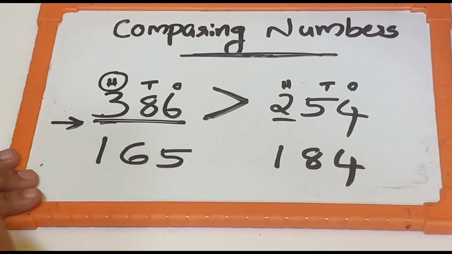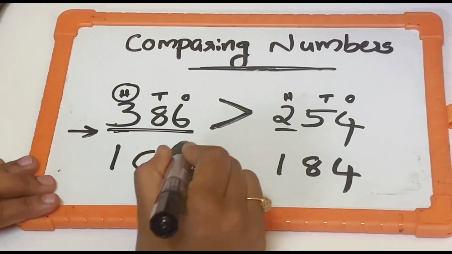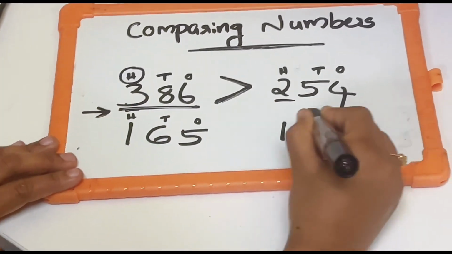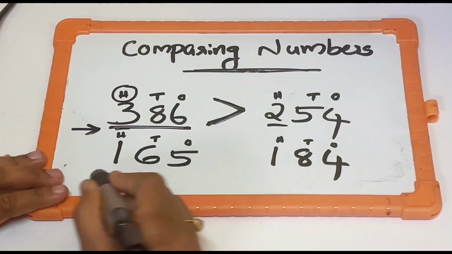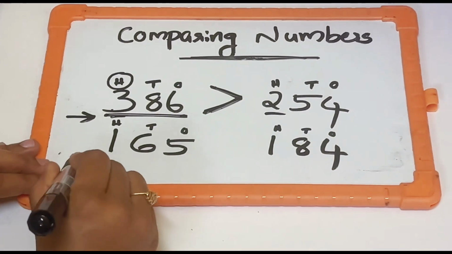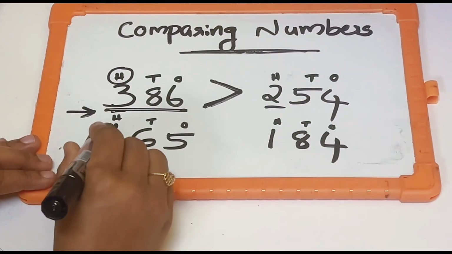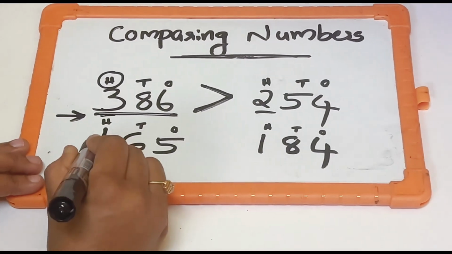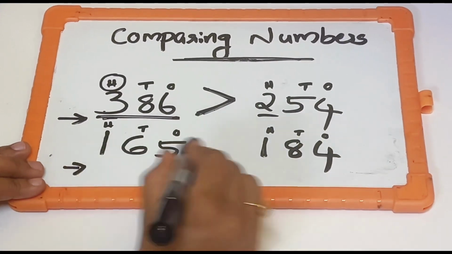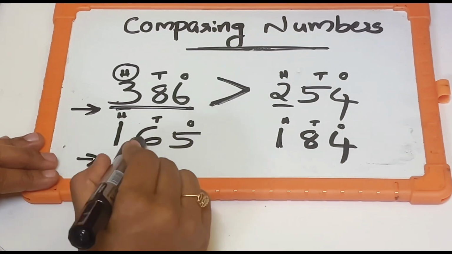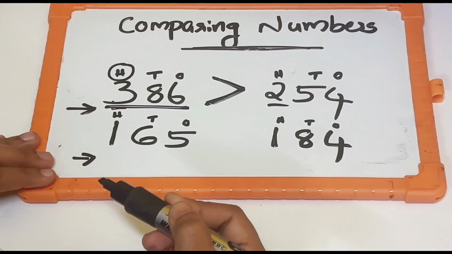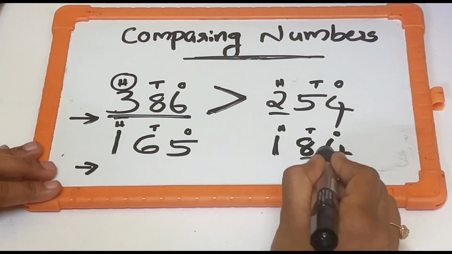Let's see another number, 165. This is ones, tens, hundreds, and ones, tens, hundreds. First we compare the numbers in the hundreds position. 1 and 1 are both the same, so we move to the tens place. 6 and 8, which is greater? 8 is greater, right?